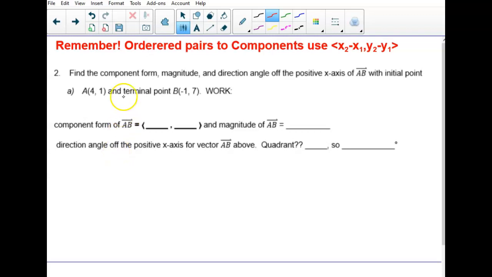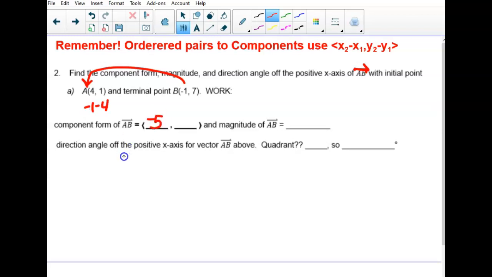All right, this one says, find the component form, magnitude, and direction off the positive x-axis of a vector that goes from A to B with initial point A and terminal point B. Remember when you're going from ordered pairs to components, you're going from A to B. So from 1 to negative 5 is actually down 5 or left 5.